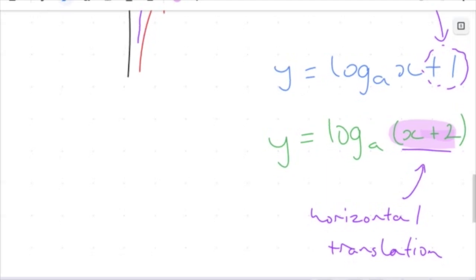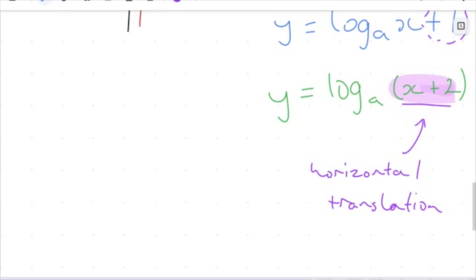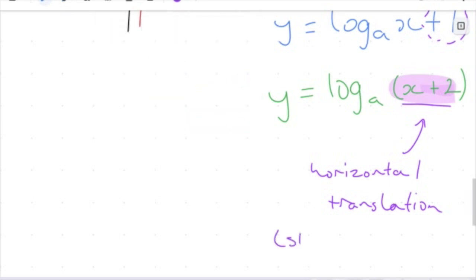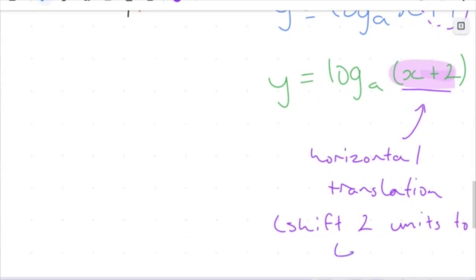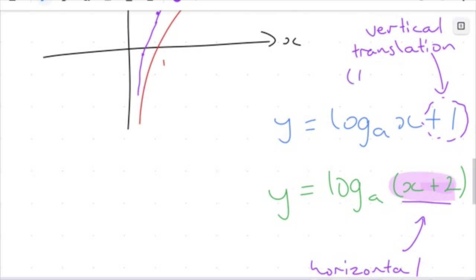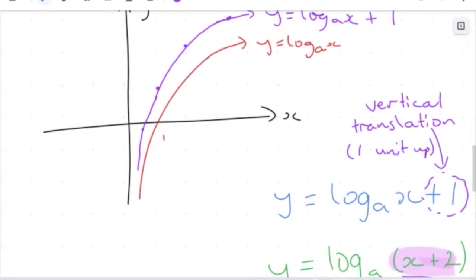Now this thing, x plus 2, means a shift 2 units to the left. So here, it's going to shift 2 units to the left, just like this one up here went 1 unit up. So everything is going to shift.